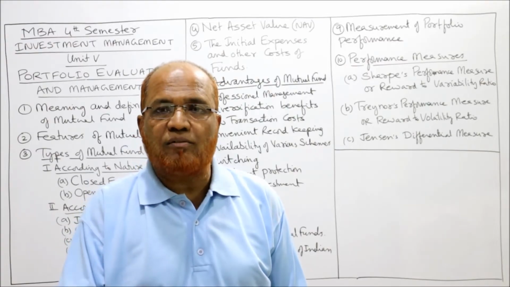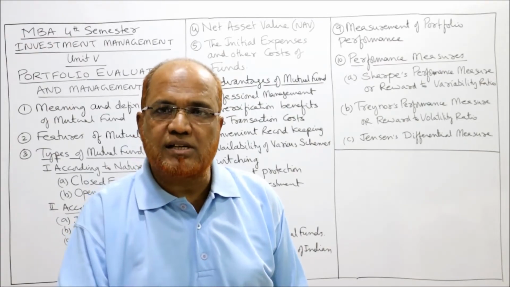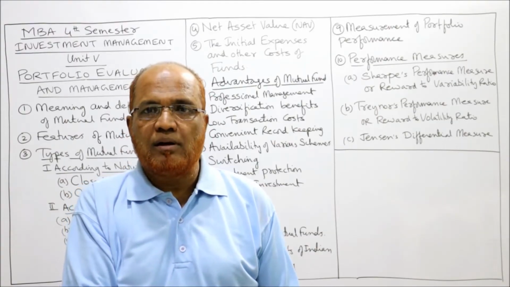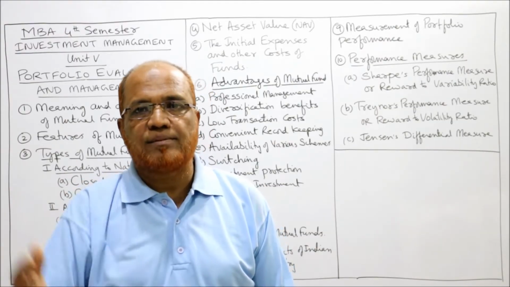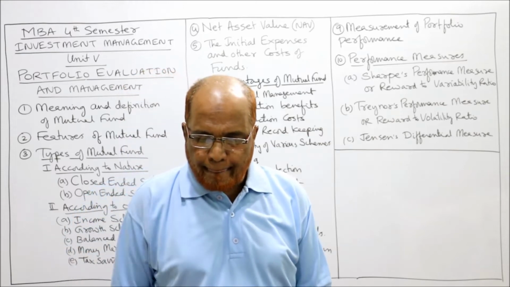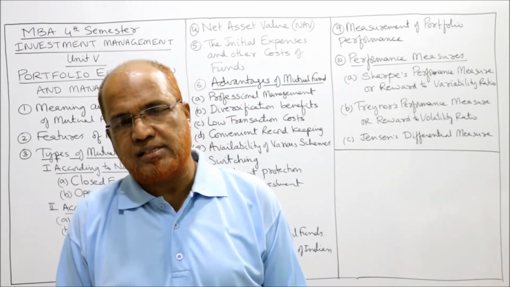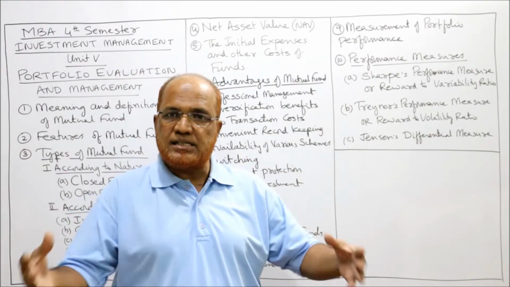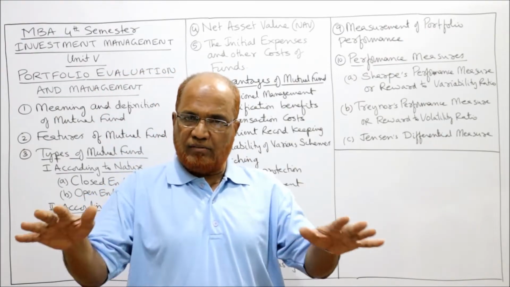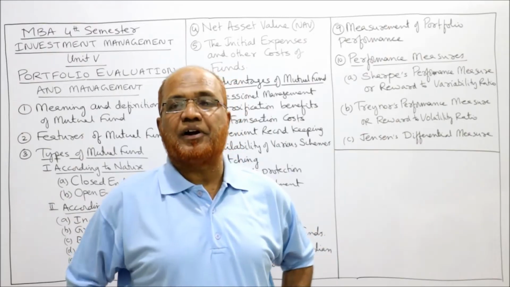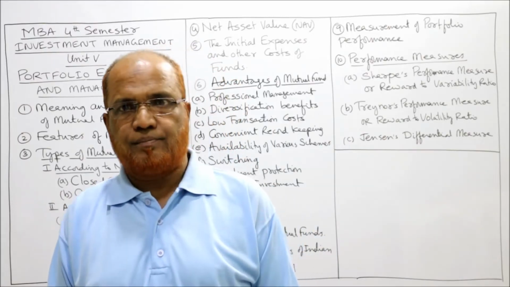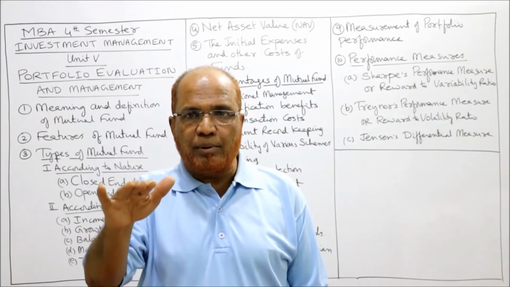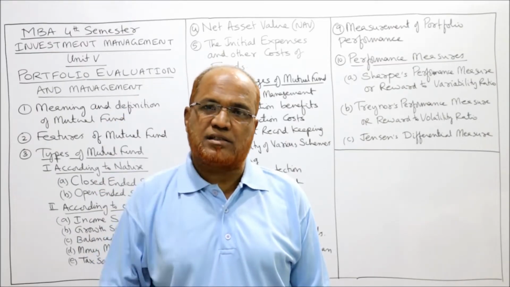So the objective of this trust, objective of this association is to mobilize the small savings from the people and invest this in corporate sector, in diversified portfolio of financial assets. अब ये पैसा जो जमा करा हुआ है, मोबिलाइज करा हुआ है, इसको ऐसा इन्वेस्ट करेंगे, डाइवर्सिफाई करेंगे इन डिफरेंट कंपनीज, डिफरेंट इंडस्ट्रीज, डिफरेंट इंस्ट्रूमेंट्स, so that the risk will be minimized and the return will be maximized.